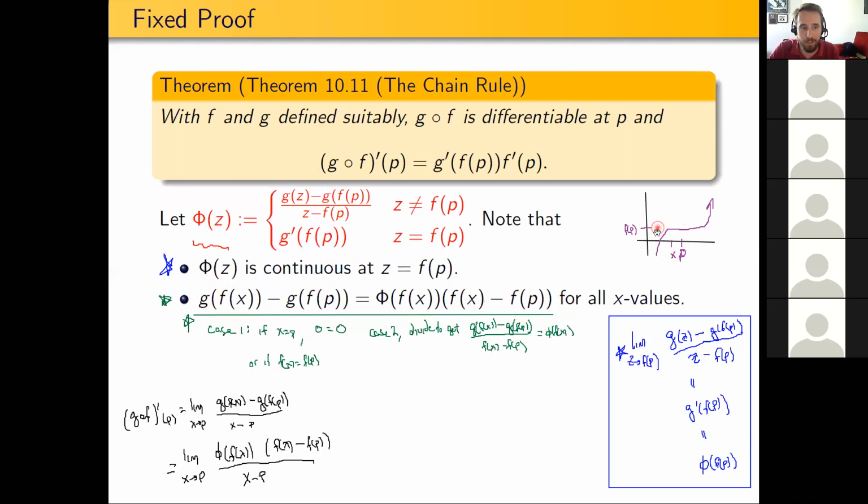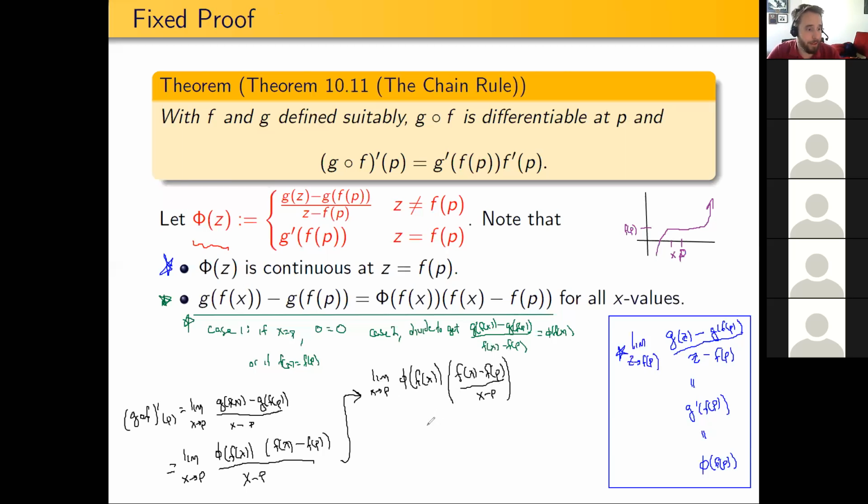So even in this situation here. So what does that get us? We can rewrite this now. This is the limit as x goes to p, phi of f of x. And now let's leave the phi by itself and condense the rest of that into f of x minus f of p over x minus p. I'm just shifting that denominator to put it under the f of x minus f of p.